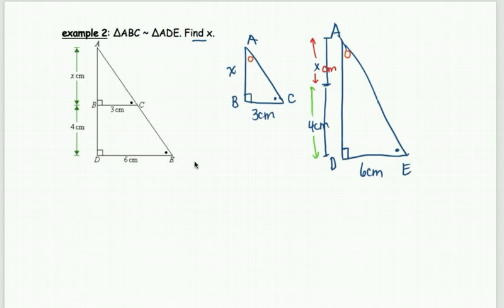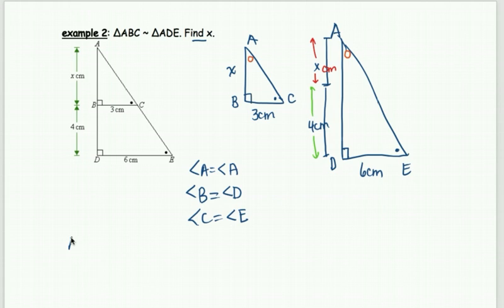So, you don't have to do this, but you can make a little statement here just to remind yourself, okay, A is equal to A, all right, in each of the triangles here. Angle B is equal to angle D, and angle C is equal to angle E, okay? All right, so anyway, we don't need to find the angles, but just wanted to re-explain here that those angles are the same.